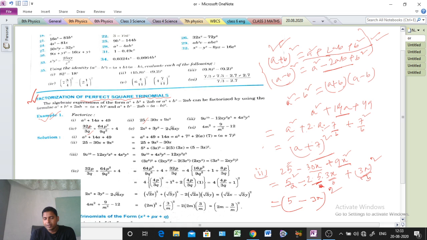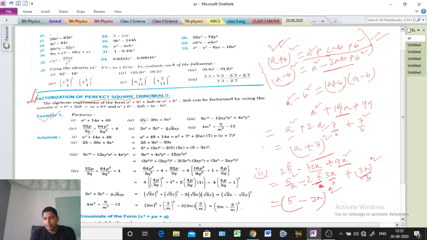Next question is telling here 9z to the power 10 minus 12x y square z to the power 5, I think. Yes, actually that is not clear, so that is the problem.